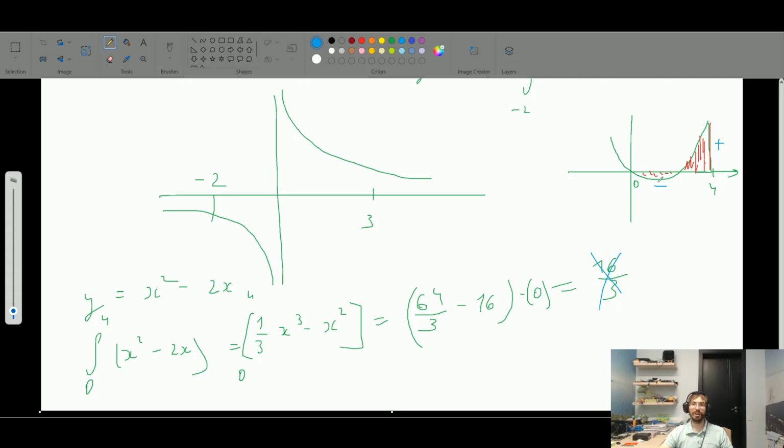In order to solve that correctly, we will need to break the function into two pieces and find the first integral from 0 to the root, in this case 2, and then plus the integral from 2 to 4. And you will see, if you do it yourself, that the result is different from 16 over 3, because that will be negative. To find the area, you will take the opposite sign, and that will be positive.